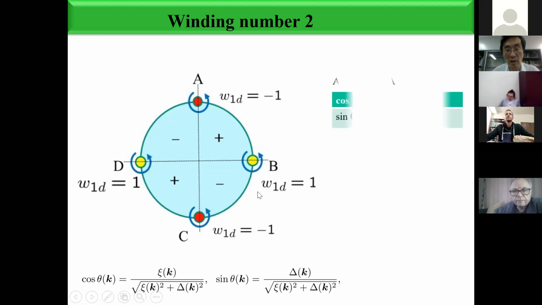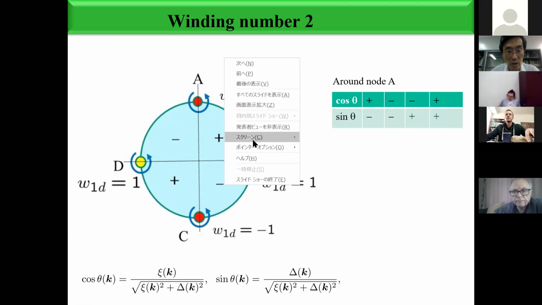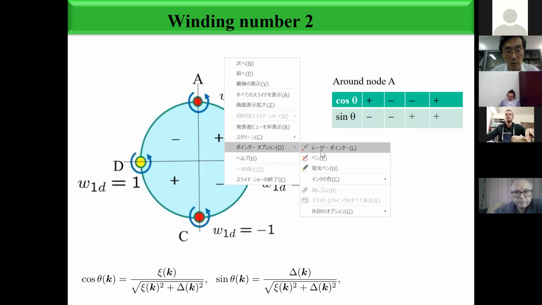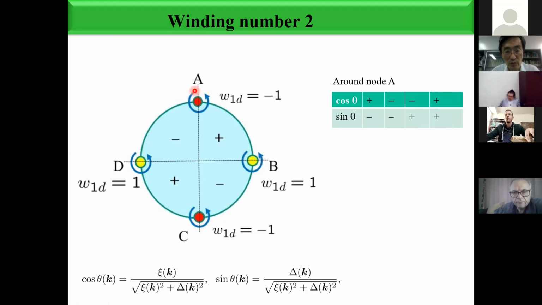Looking around A and starting from here, first cosine theta is positive because ξ is positive, and sine theta is negative. But if we go to this region, cosine theta becomes negative. Please look here: cosine theta is negative, and sine theta is negative.